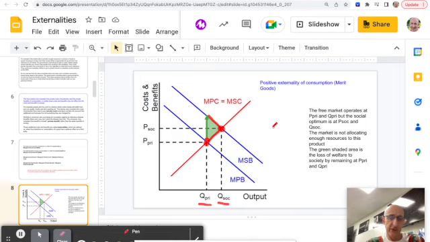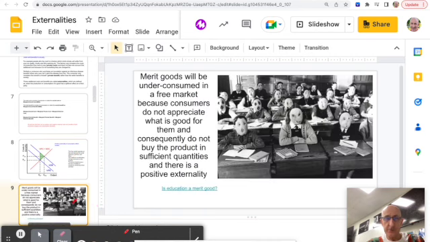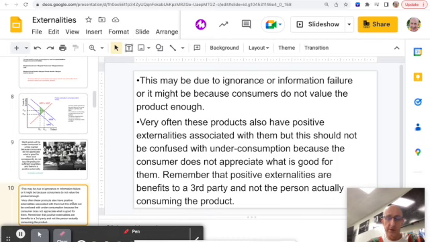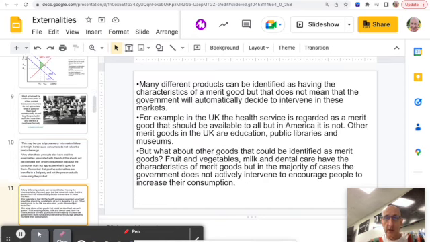So for the first time, we're saying the free market is actually inefficient as a consequence. There's another reference to merit goods. Why does it happen? Well, it might be ignorance or information failure. People don't value the goods enough, and there are positive externalities associated with them.